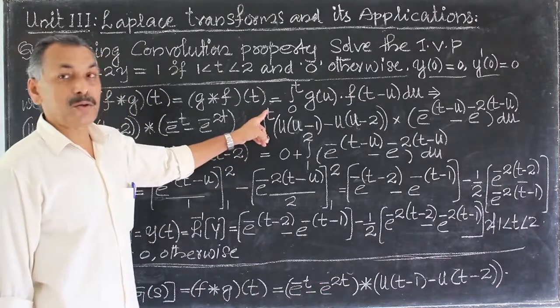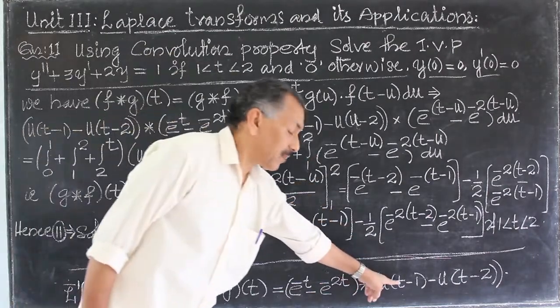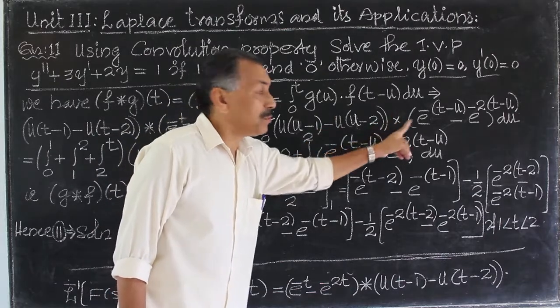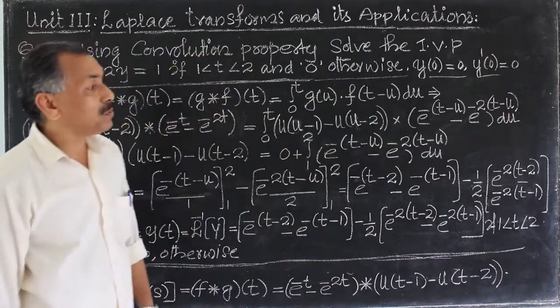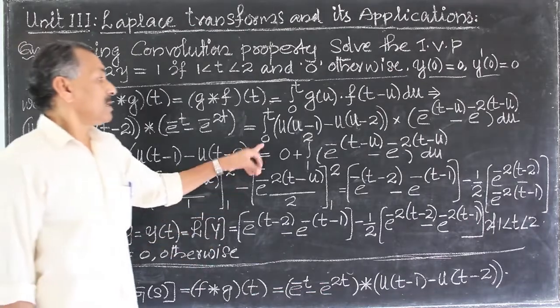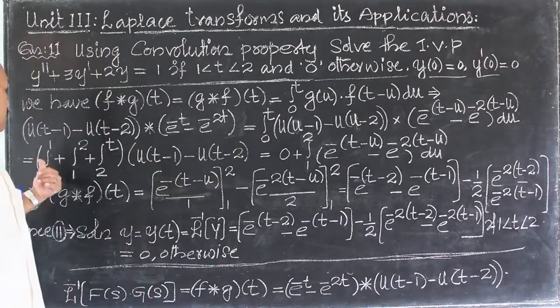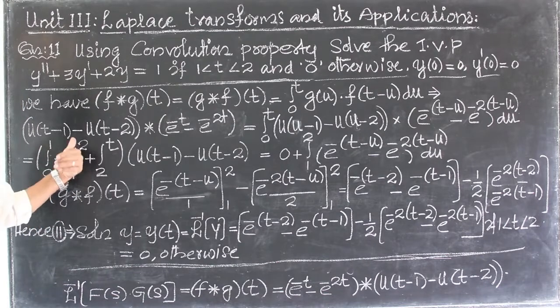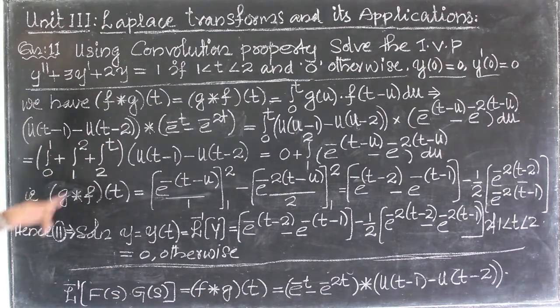Integral 0 to t, where u of t appears, u of u minus 1 minus u of u minus 2, into e raised to minus (t minus u) minus e raised to minus 2 into (t minus u), du.